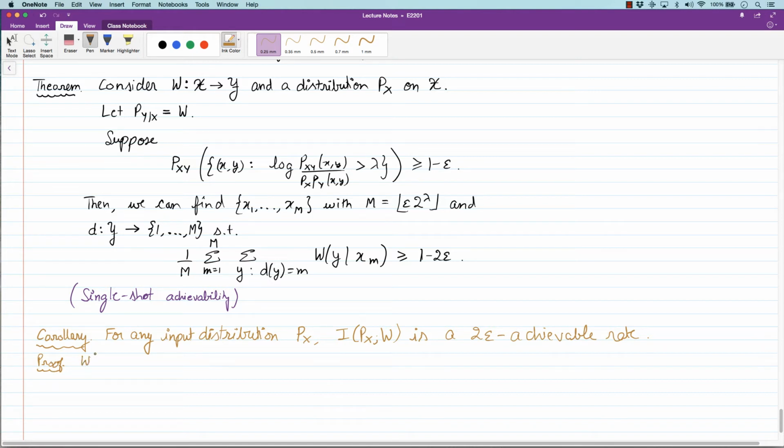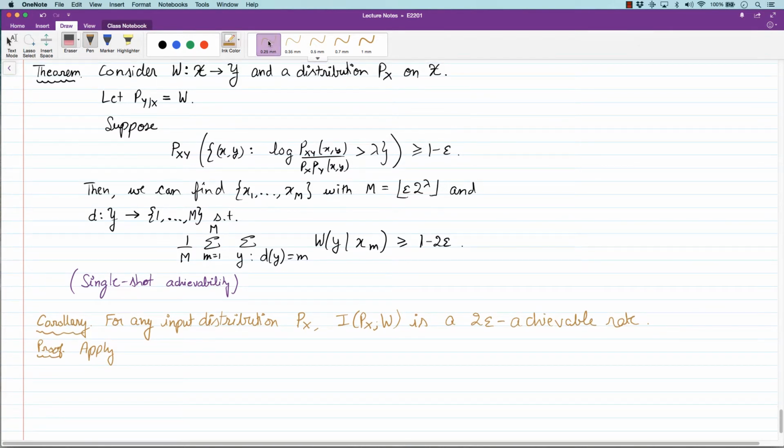We apply the theorem above with n copies of W in place of W, and the IID distribution Px in place of Px.